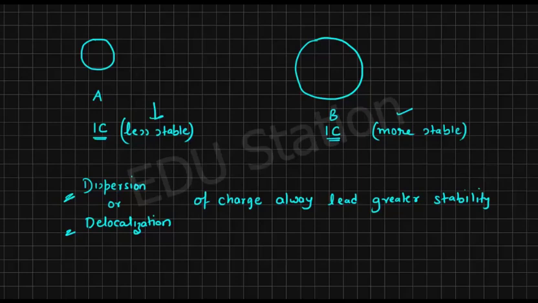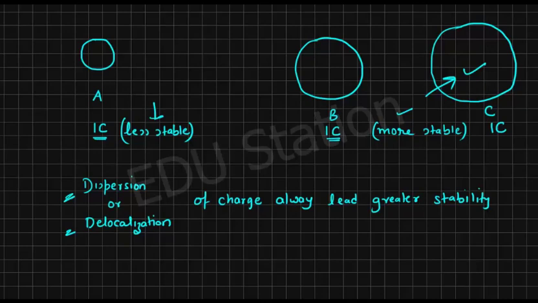Let us assume there is another sphere C which has an even greater radius. If this also has a charge of 1 coulomb, then amongst A, B and C, this will be more stable. I hope this is clear. Dispersion or delocalization of charge leads to greater stability.